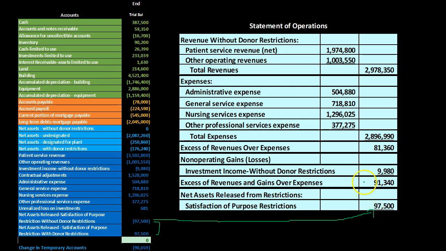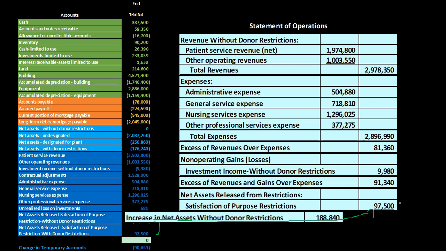So once again, this is the excess of revenue and gains over expenses, kind of like the net income type number, which does not include the unrealized loss. And now we're going to add to it the satisfaction of the purpose restricted items, which are going to increase this number to 188,840. So notice that doesn't tie out to this number, because obviously these two basically typically cancel each other out.